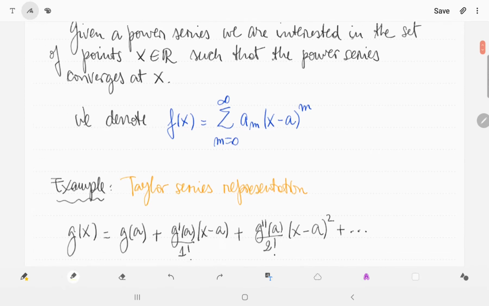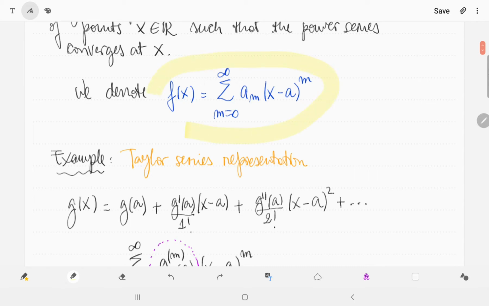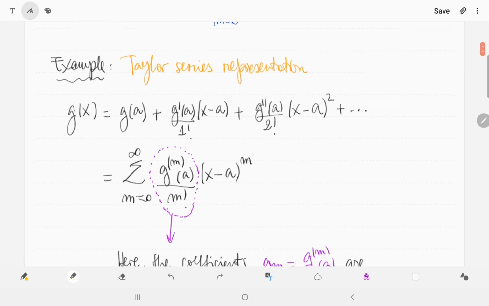We can put a name to this series. Let's call it F. And a family of examples for this type of power series are these Taylor series representations.